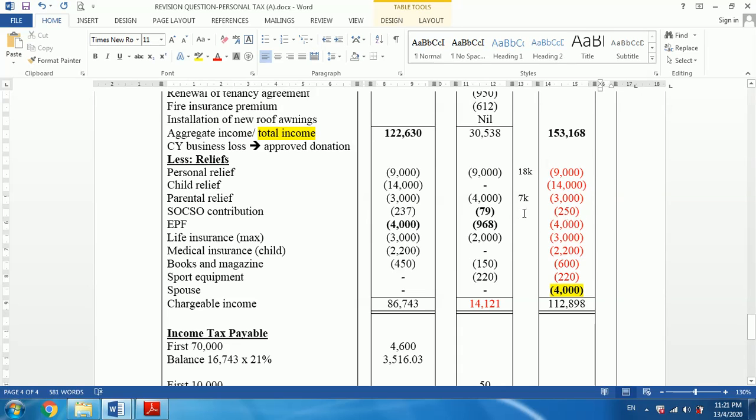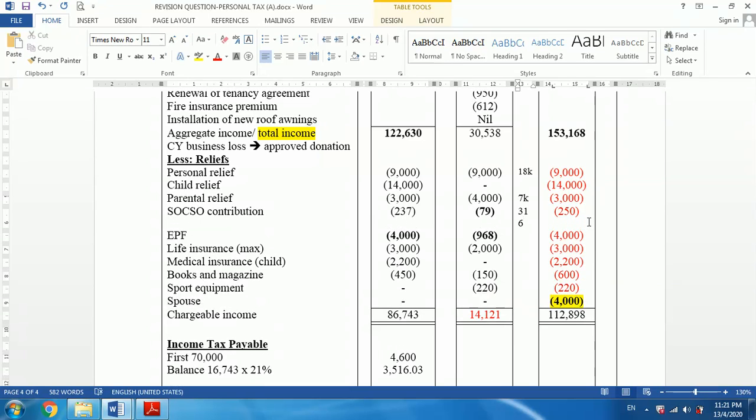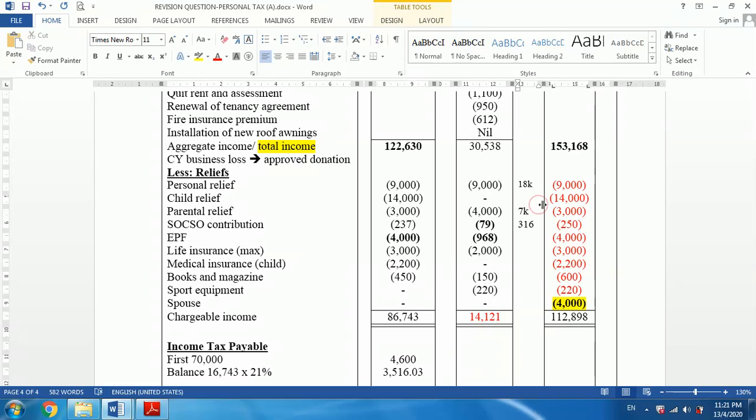Next, on SOCSO, you will notice that Ken is claiming 237 SOCSO contribution and Natalie is claiming 79. So both of them have claimed 316 of SOCSO, but under joint assessment, because there is a maximum of 250, they can only claim 250.